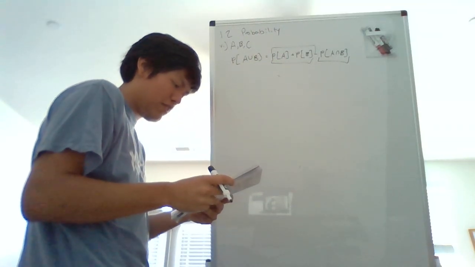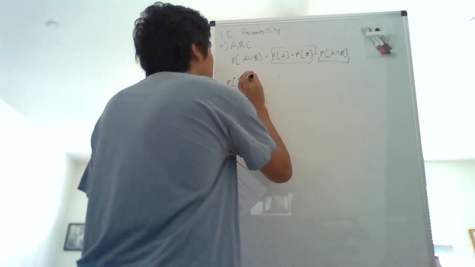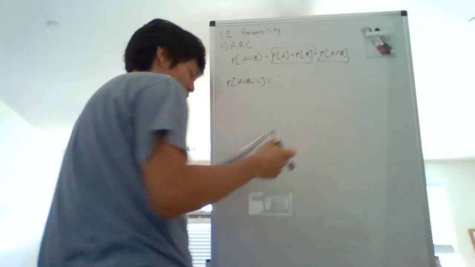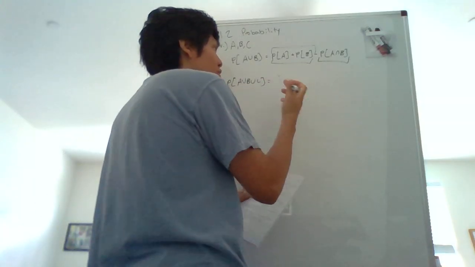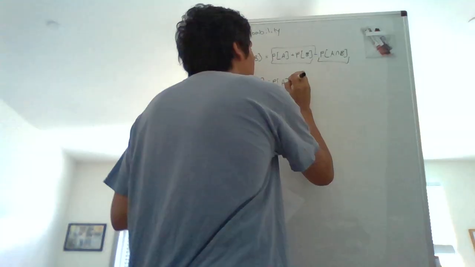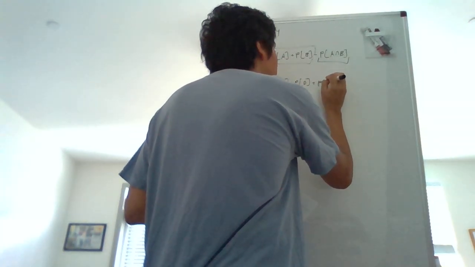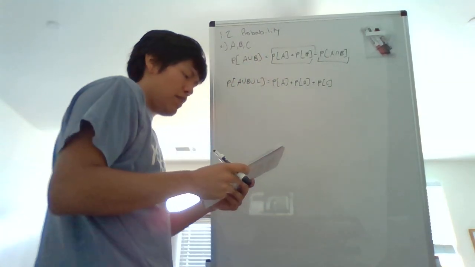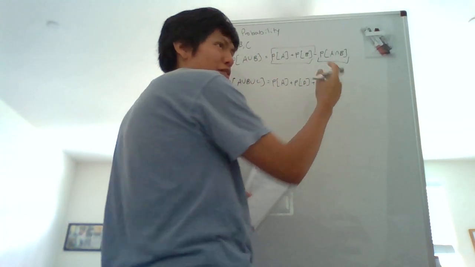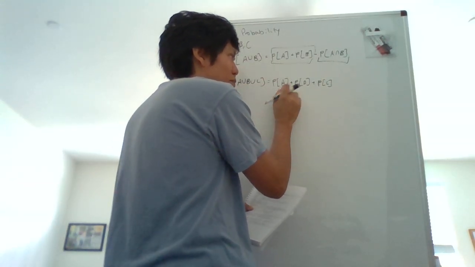So the probability of A union B union C. Again, we would add each individual event's probability: the probability of A plus the probability of B plus the probability of C. And then we're subtracting the middle sections because we've double counted in this part right here.